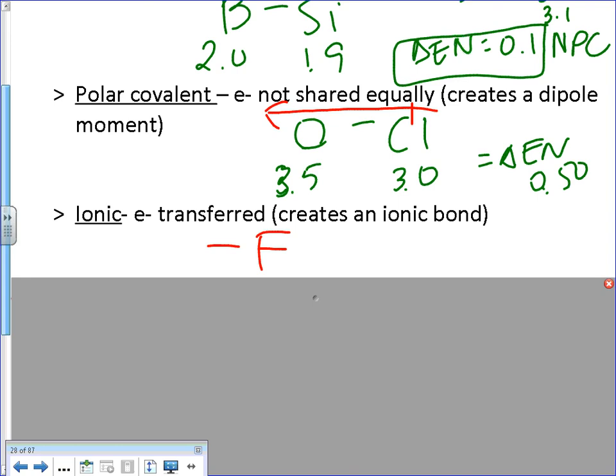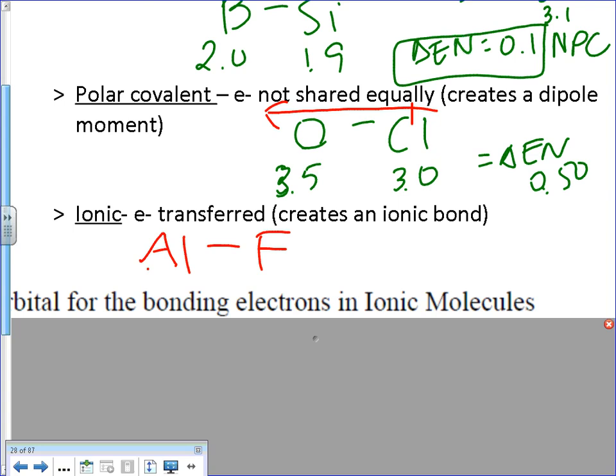Remember, ionics are between what and what? Metals and nonmetals, right? So chlorines are nonmetals. Pick a true metal. Aluminum. There we go. Aluminum fluoride. You can see the difference here is a 1.5 and a 4.0, and that's a huge difference. So that electronegativity value difference is a 2.5, which is in the ionic region. So you can use this a lot to help you figure out the types of bonds we're forming, right?